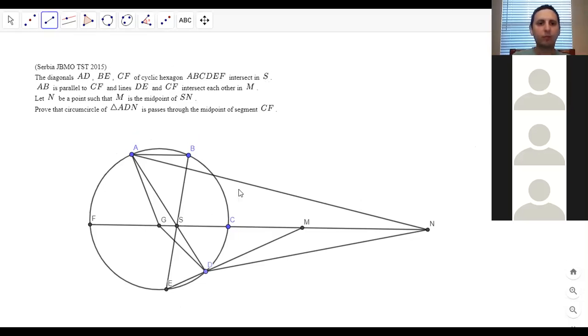Because SA times SD is SF times SC. So if we could show that's the same as SG times SN, then that would help. And because G is the midpoint of CF, we must have FCSN is a harmonic conjugation.